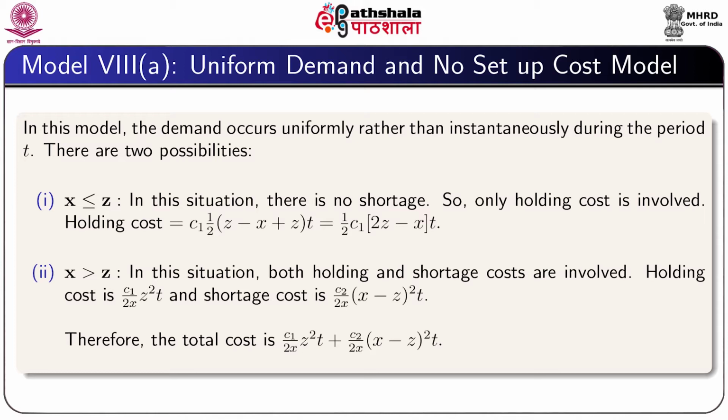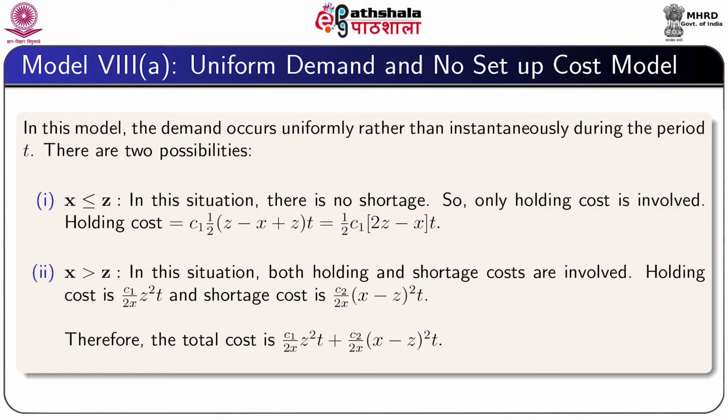So, only inventory cost will be considered. Inventory holding cost is equal to C1 into half into (Z minus X plus Z) into T, which is actually the area of the trapezium into C1. Thus, after simplifying, we get the holding cost as half C1 into (2Z minus X) into T.